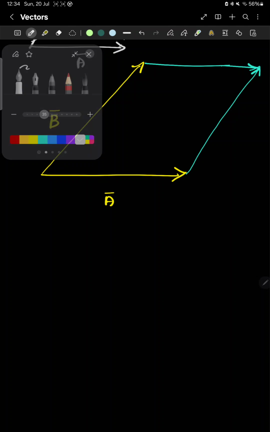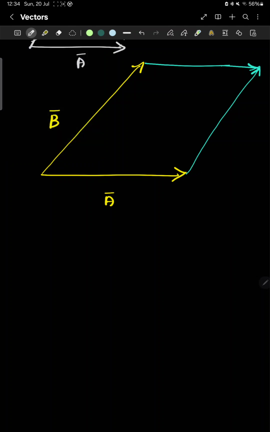I just want to complete this parallelogram. So let me name these points O, P, Q, R.